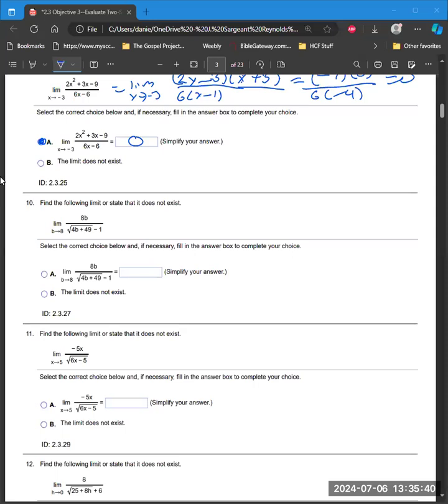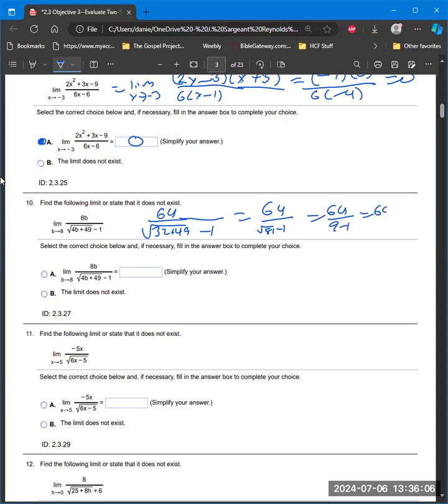So 64 over root 32 plus 49 minus 1 is going to be 64 over 81 minus 1. 64 over 9 minus 1 is 64 over 8.